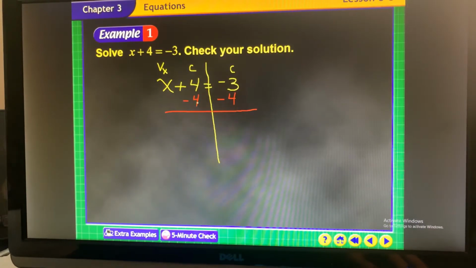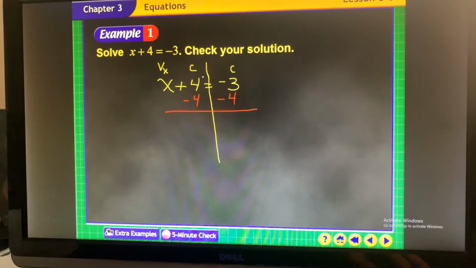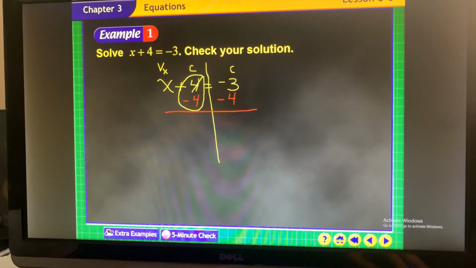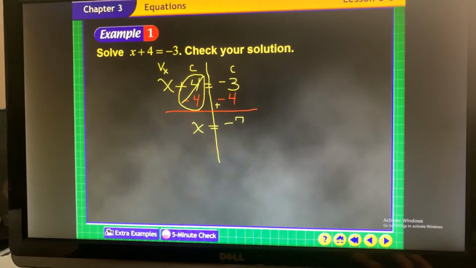So this constant needs to go home to the right side with its other constant friend, okay? So then what am I left with? 4 plus -4 is equal to 0. I got rid of it. I'm left with x is equal to, remember it's always addition, -3 plus -4, which is -7.